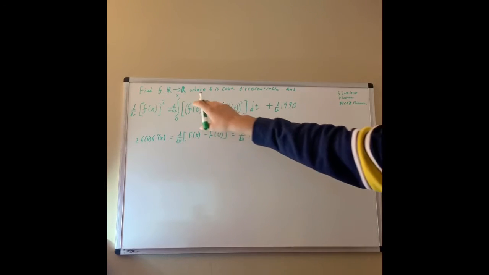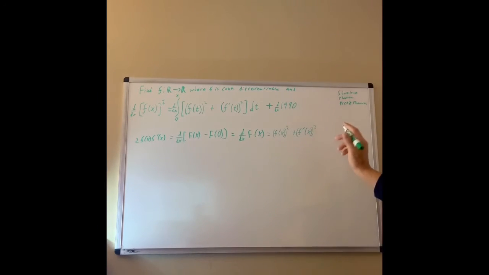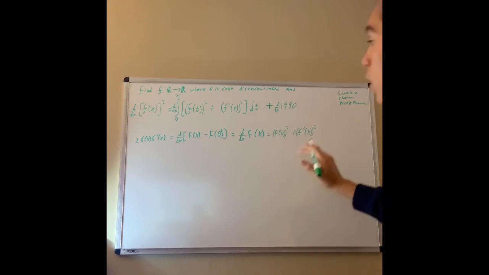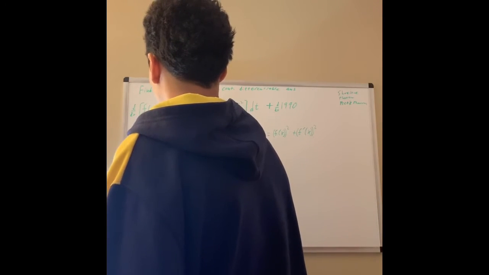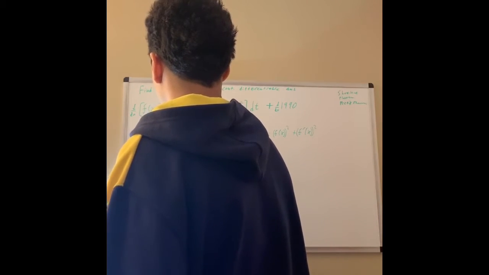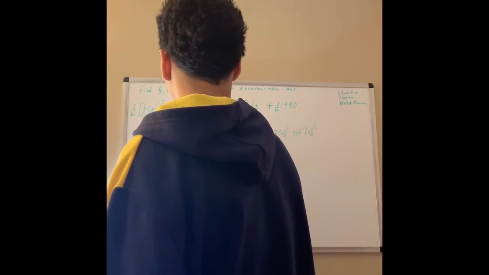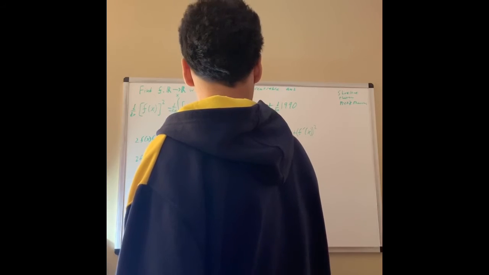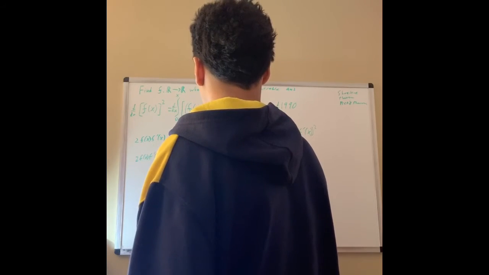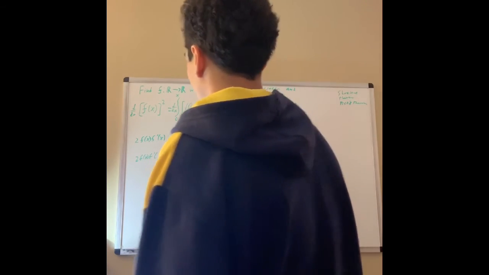If this were some function like x squared, we would have times 2x, but it's not, so the derivative is just 1. And we're good. So now we can gather that 2f(x)f'(x) is equal to (f(x))^2 plus (f'(x))^2.